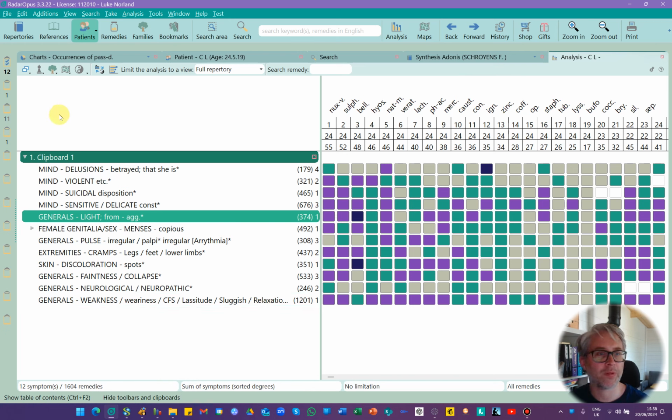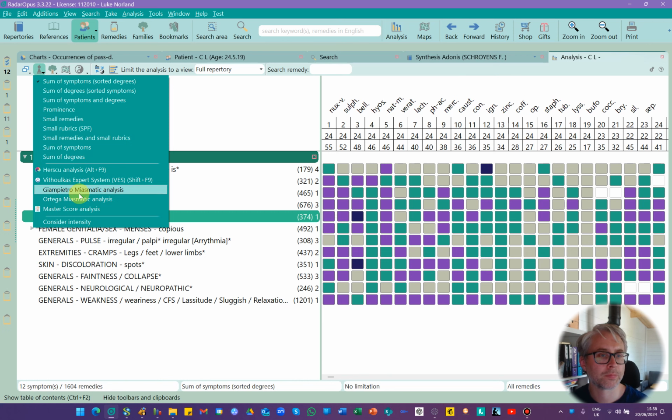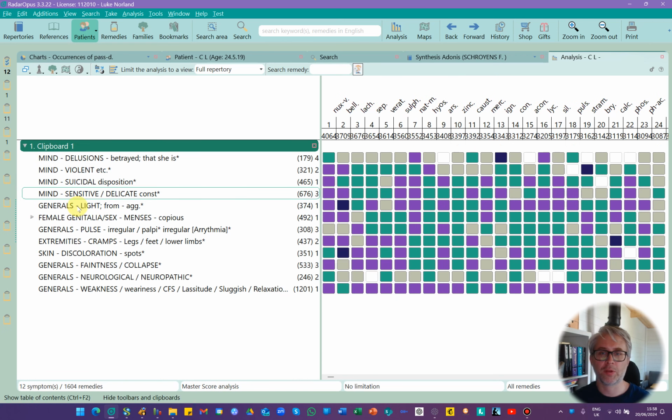So let's see what happens if we turn on the master score. The first thing you'll see is that some of those lesser known remedies disappear, and you get a more traditional analysis. Also, because we're now using prominence, the sum of symptoms doesn't matter so much, so you get remedies like sepia coming through even though they're not covering the whole totality. Likewise with arsenicum, aconite, and lycopodium, silica. So we're looking more at a match, when a remedy is very high grade in a certain symptom, it comes through.